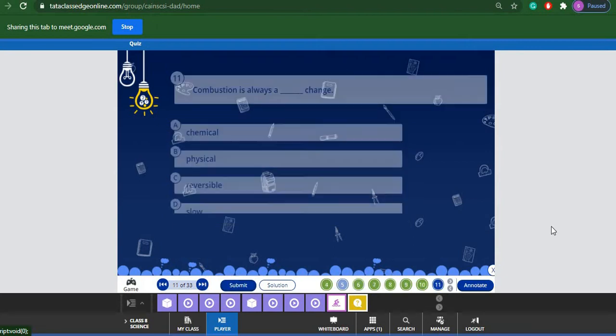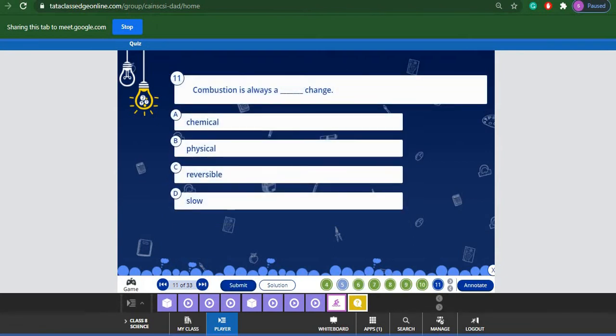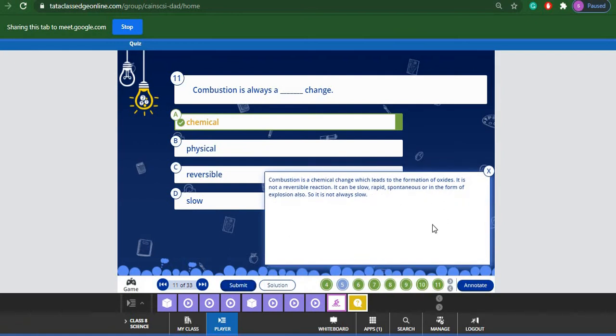Very good. Now next one. Gas change. Sir, A. Yes, very good. It's a chemical change. Very good.